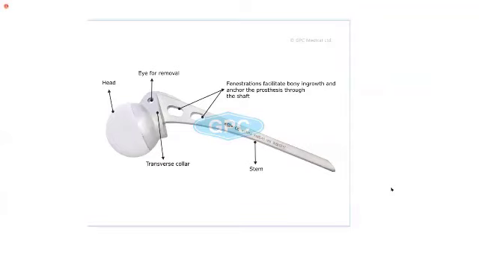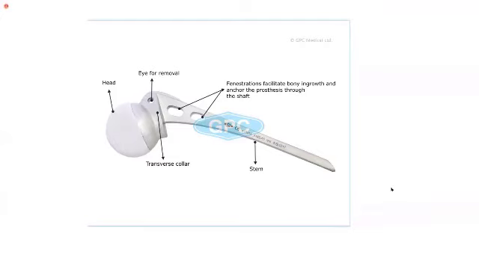Okay, I'll show you. This is Austin Moore. This is Thompson. What is the difference? Just tell me by looking, because you just have to know by looking that this is Austin Moore and this is Thompson.